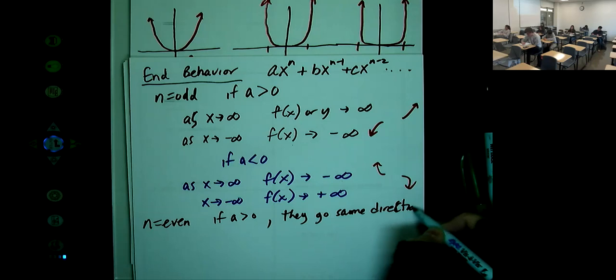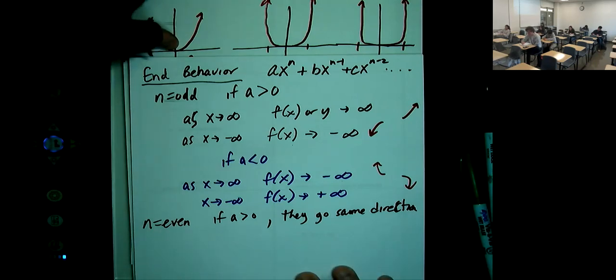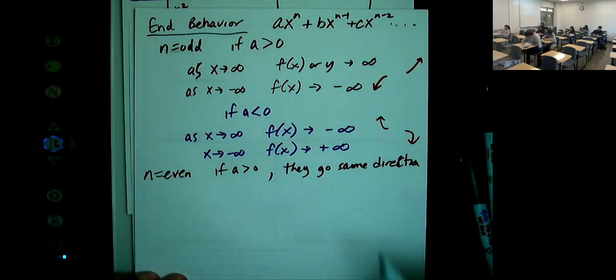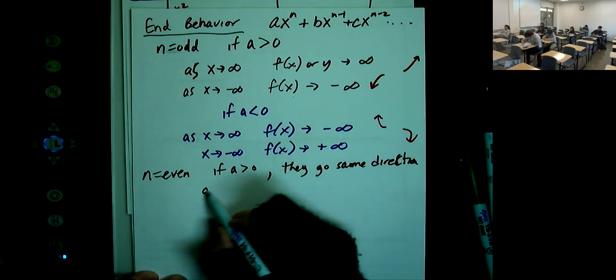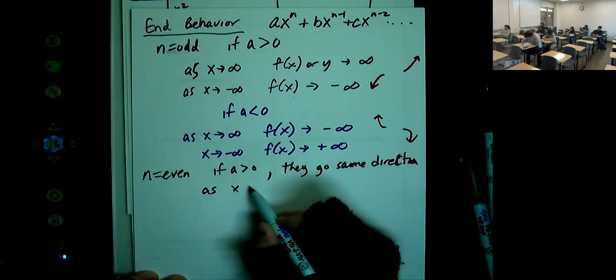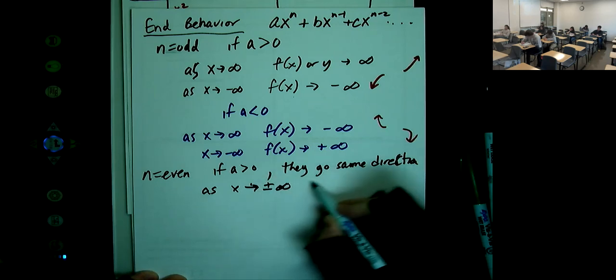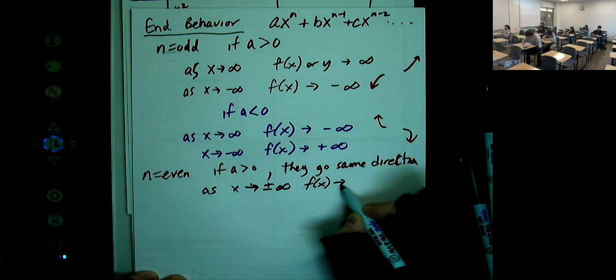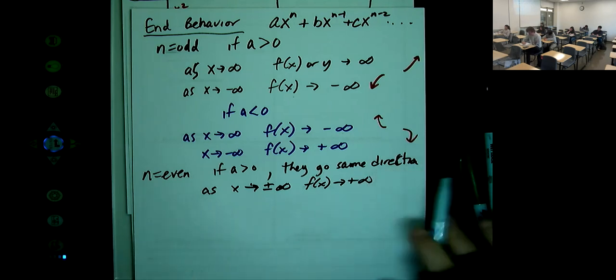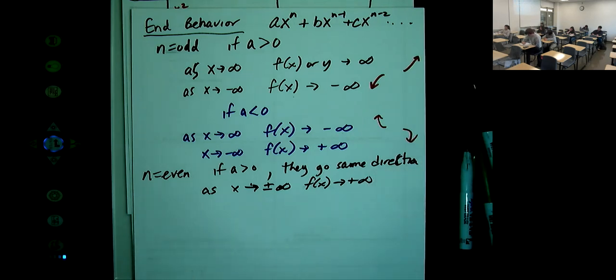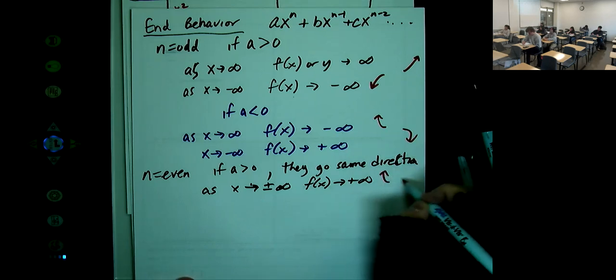Well, they go the same direction whether A is greater than 0 or A is less than 0. As x goes to plus or minus infinity, f of x goes to positive infinity. It's like, put your hands in the air.